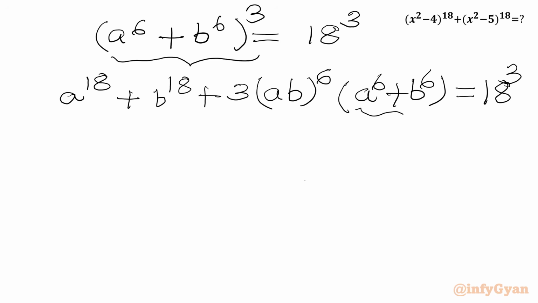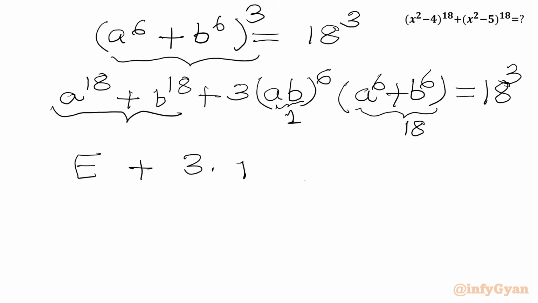Now a power 6 plus b power 6 is 18, ab is 1. So here we can write required expression E plus 3 times 1 power 6 times 18 equal to 18 cube.